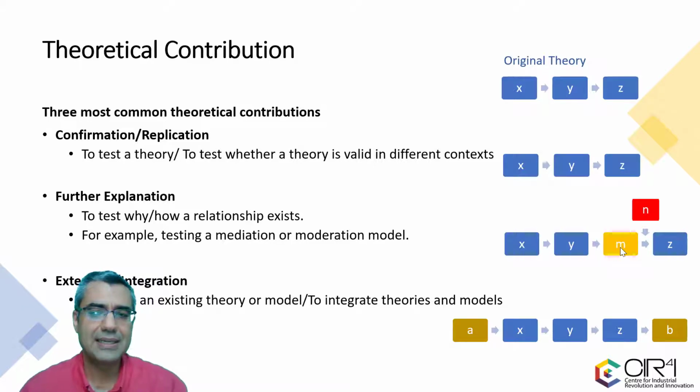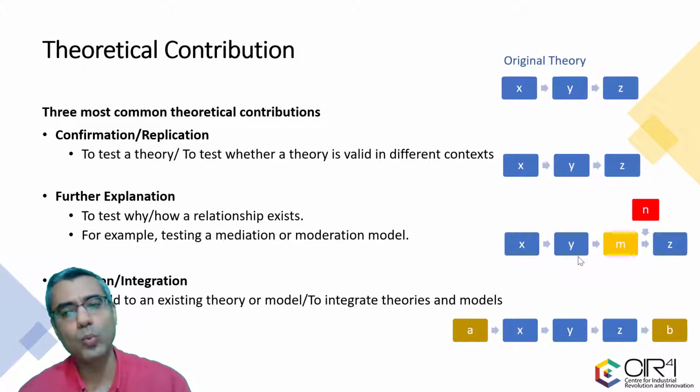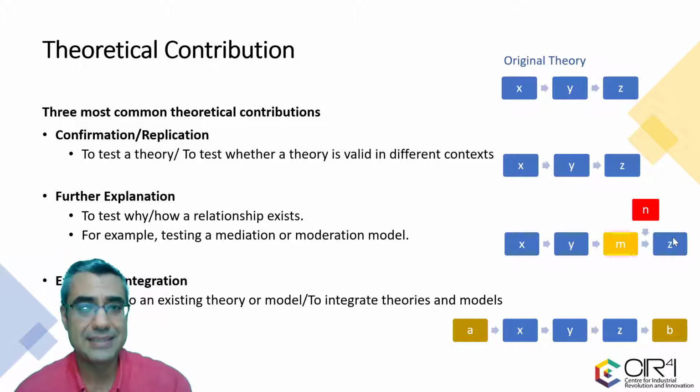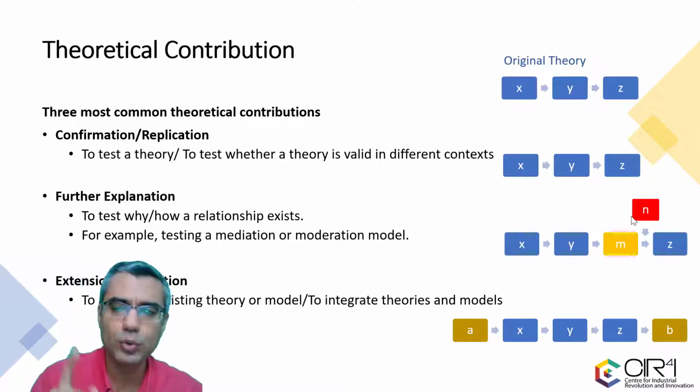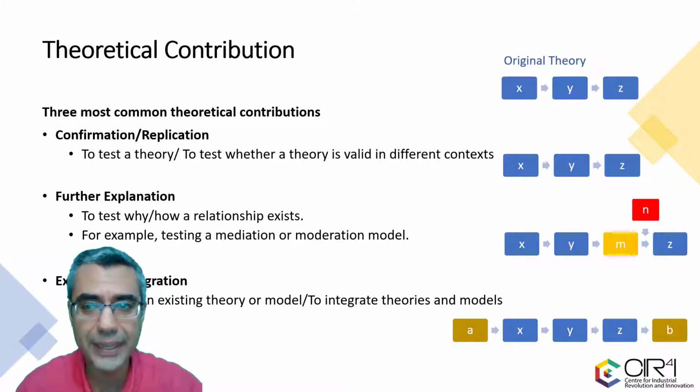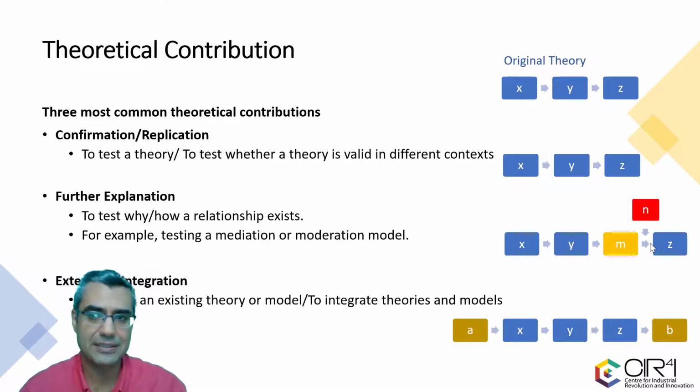For example, mediation explains the relationship between Y and Z, so we explain how Y explains Z. This is a mediator. And moderators explain under which condition or when such a relationship exists.